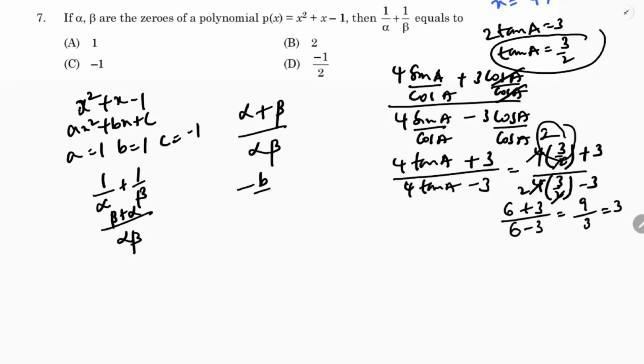Alpha plus beta is minus b by a, alpha into beta is c by a, and a will get cancelled, so you're left with minus b by c. Now if you substitute the values, b is 1, c is minus 1. Minus minus cancel, so the answer is 1. The correct option is A.